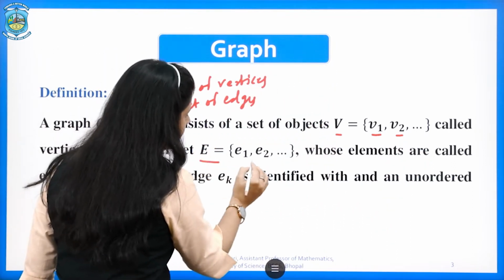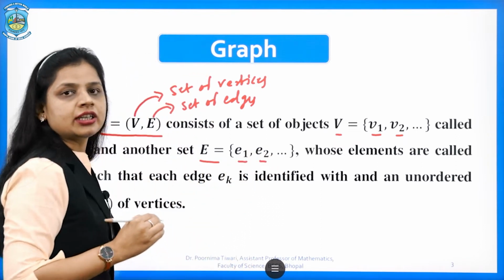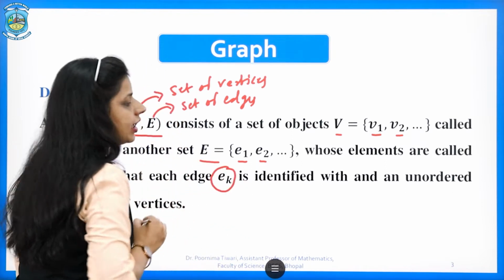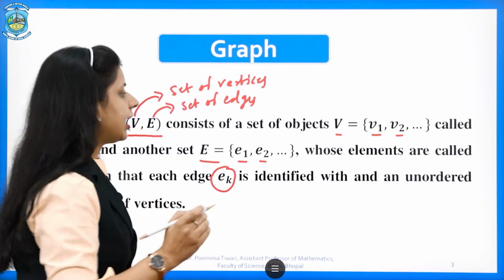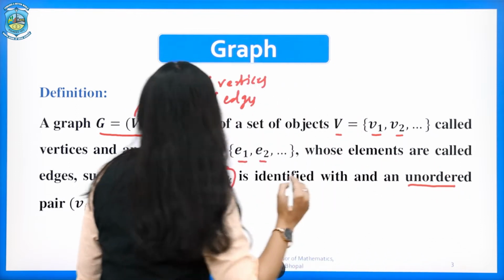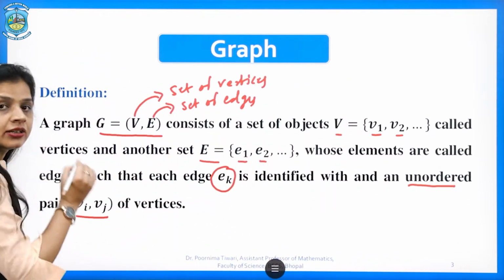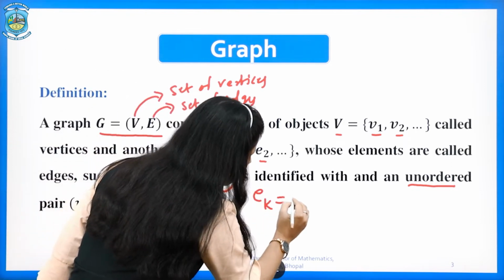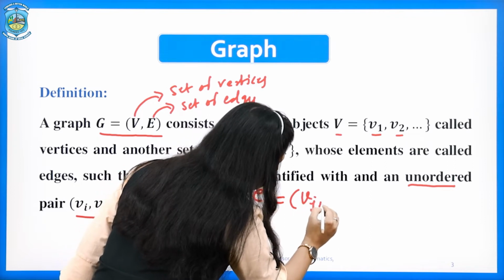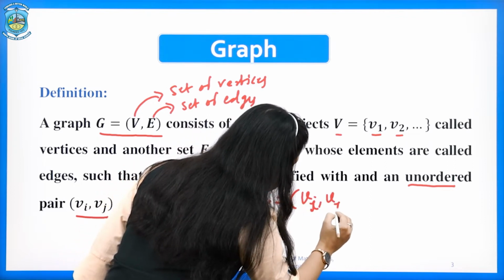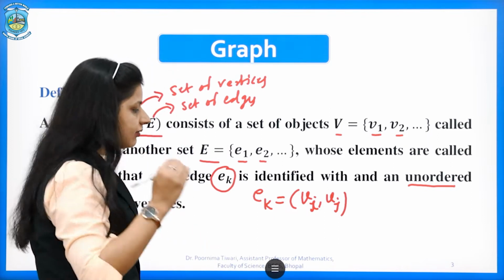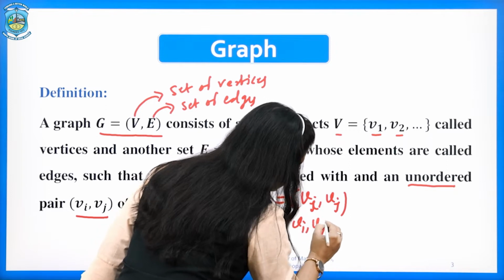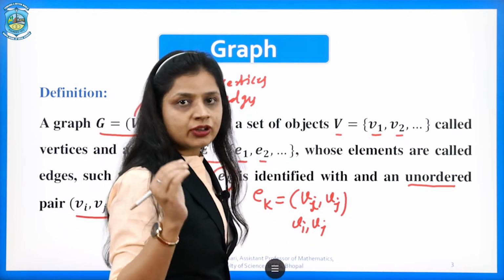Elements of this set E are E1, E2, E3 and so on. And each edge Ek is identified with an unordered pair of vertices Vi and Vj. That is, for each edge Ek we can write an ordered pair Vi and Vj, where the vertices Vi and Vj are called end vertices of edge Ek.